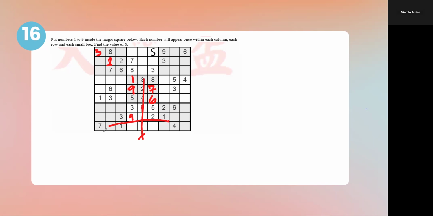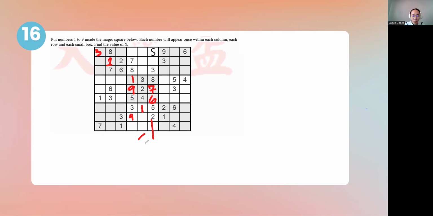Next is 5, which is already given, and then 6. So the 6 goes to the bottom left because there's already a 6 in 2 squares. There's already a 6 in this column.